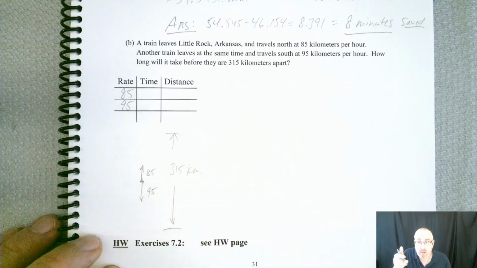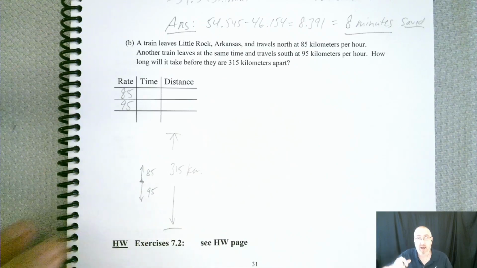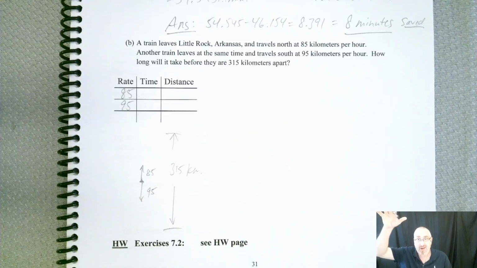So we're starting the clock at a specific time, and then we stop the clock at a specific time, and that applies to both trains. So if one train travels 2 hours, the other train's traveling 2 hours, and then we add those distances together. So that's important. The time is the same for both of them, but we don't know what it is.